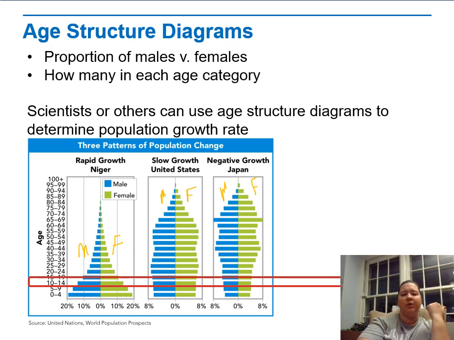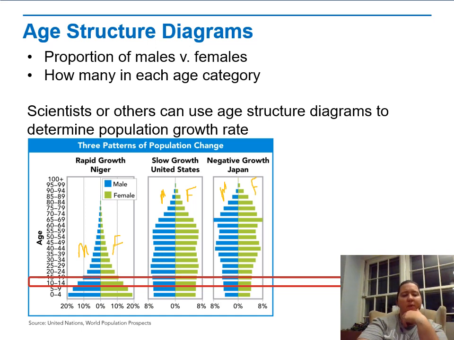Okay, and so what population demographers do, depending on which country we're looking at, is look at this age range, and that tells us that either we're going to have rapid population growth, negative population growth, or a steady growth or no growth, really, and equal.